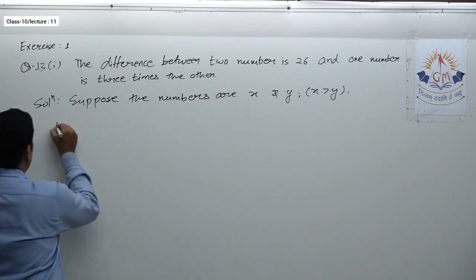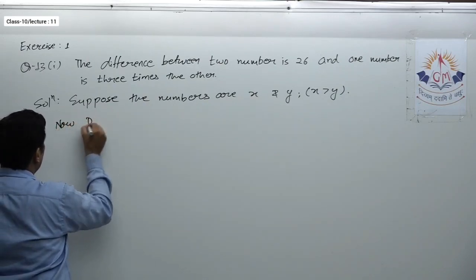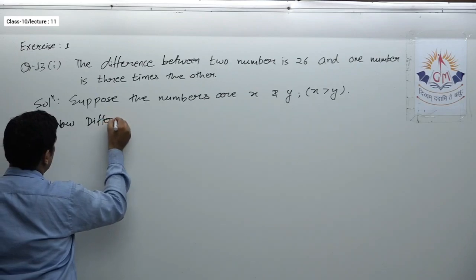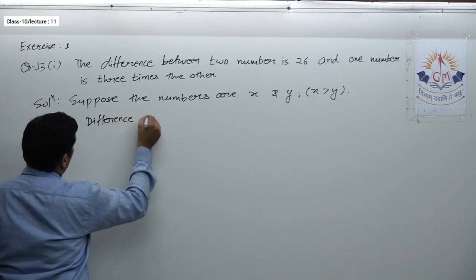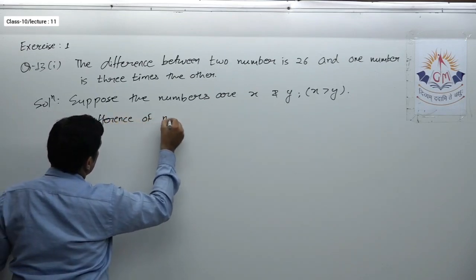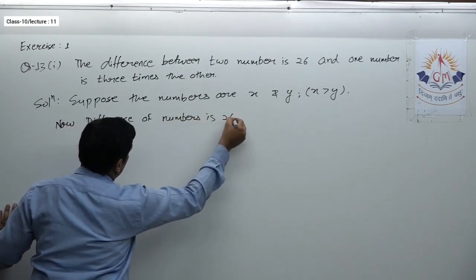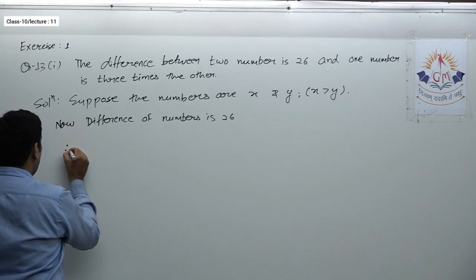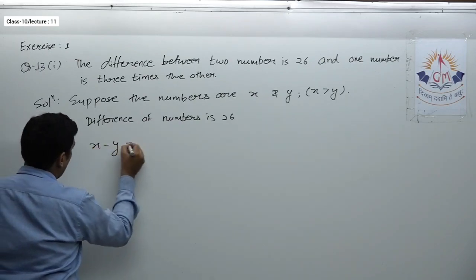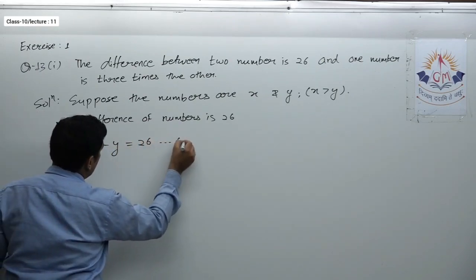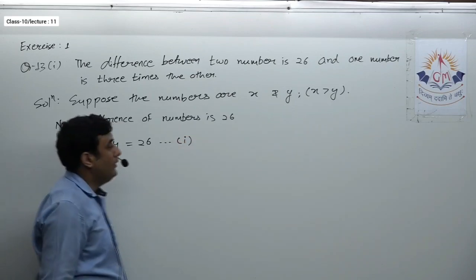Now the difference of the numbers is 26. Therefore, I can write x minus y is equal to 26. This gives me the first equation.